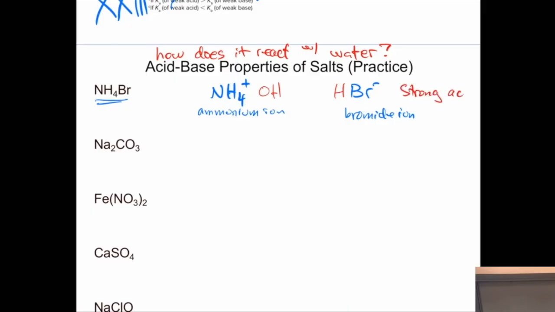So this is a strong acid, that means that the conjugate base is bromide minus.